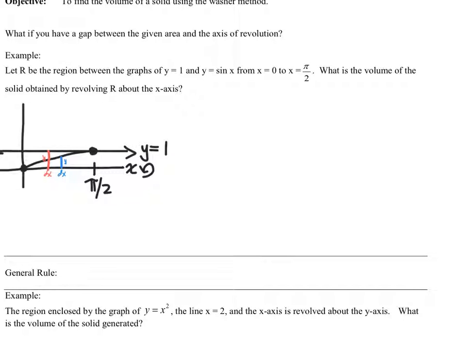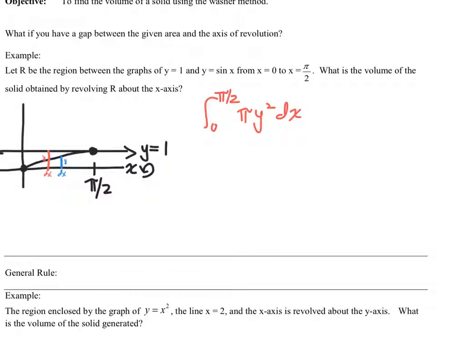So I'm going to have, on the interval of 0 to pi over 2, pi r squared. Now, the r would be the y for this function. So I can color code mine, so I'm perfectly fine just saying pi y squared dx.